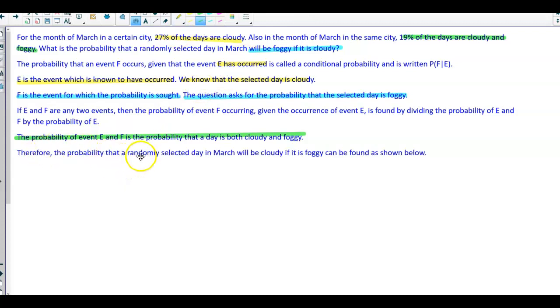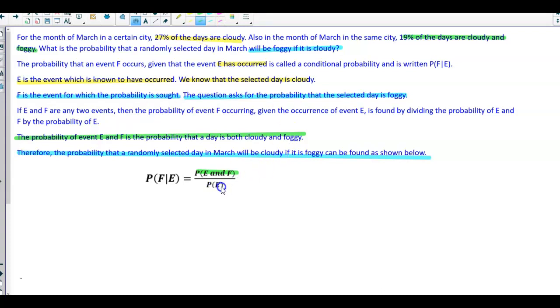Therefore, the probability that a randomly selected day in March will be foggy if it is cloudy can be found below, because this is what we're looking for. The probability that the day is cloudy and foggy is going to be in the numerator. That is the and probability.